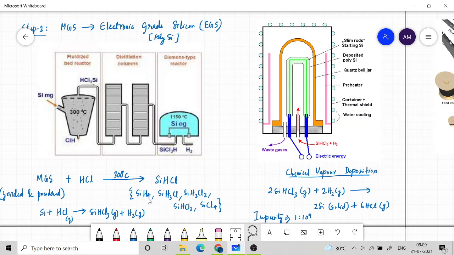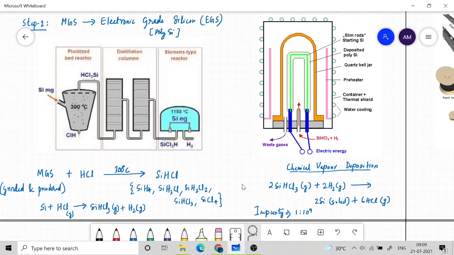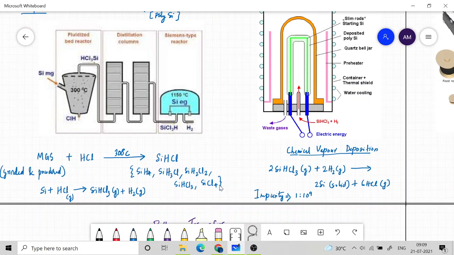One is SiH4, which is called silane, and then you have monochlorosilane, then dichlorosilane, trichlorosilane, etc. So there are various products which are formed here, and out of this we need to pick one of them, which is basically SiHCl3.